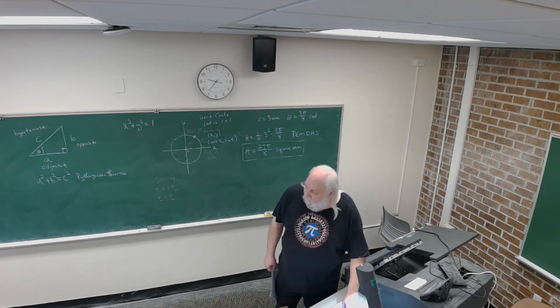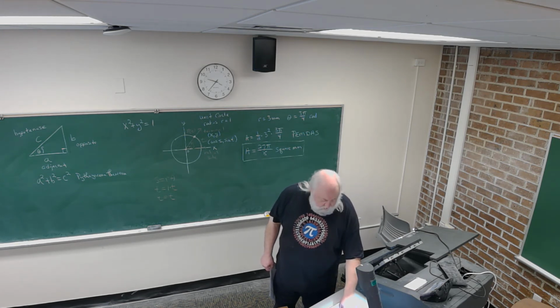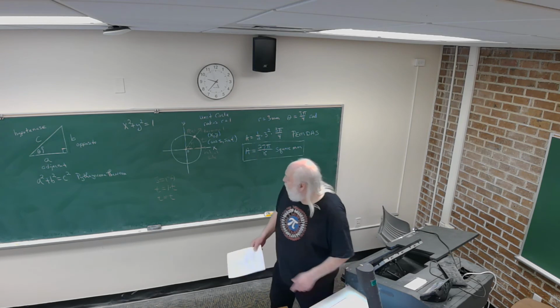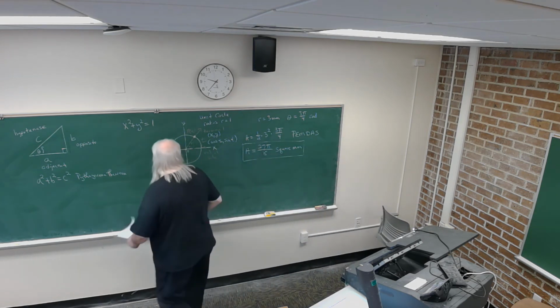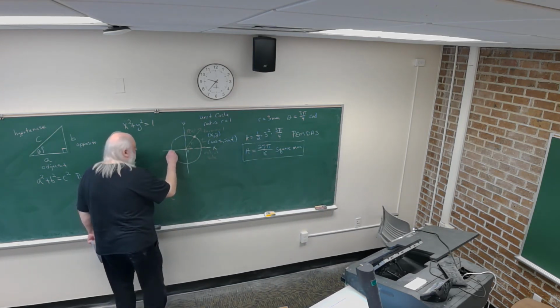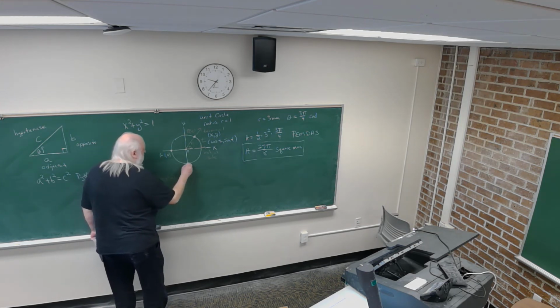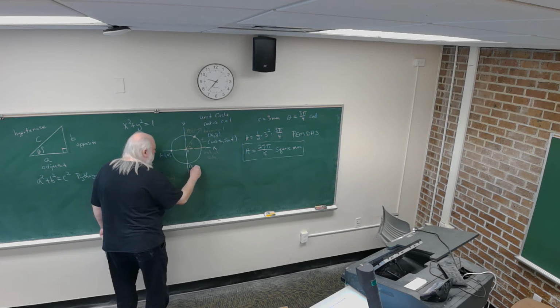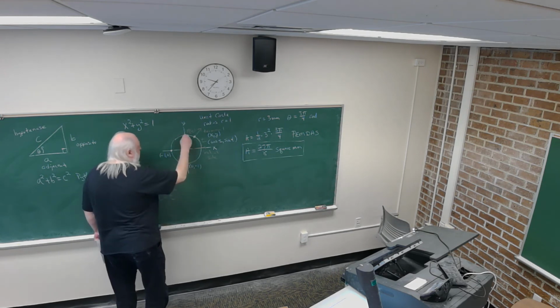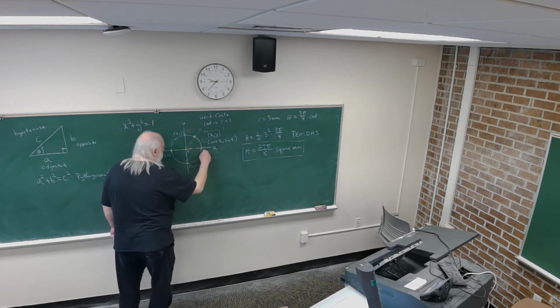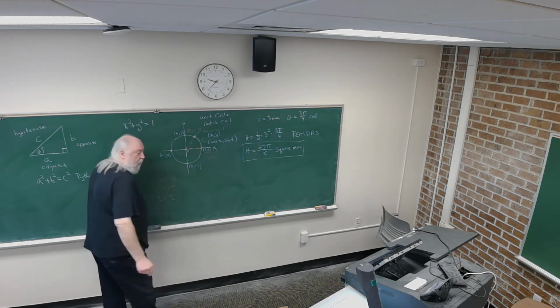The values of x and y are between -1 and +1. On the far left edge, where the circle crosses the x-axis, this is the point -1, 0. Down here, this is the point 0, -1. Up here, this is the point 0, +1. And this point right here is 1, 0.